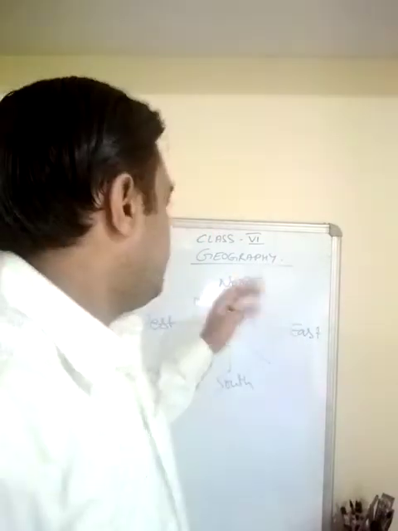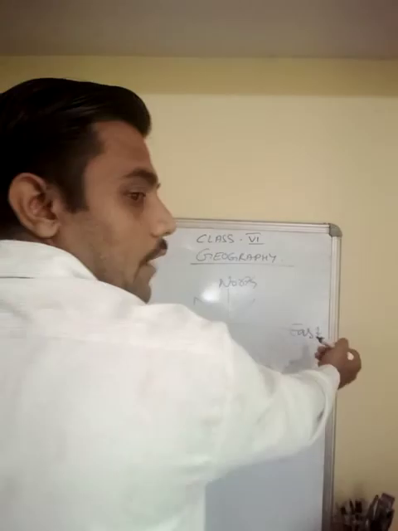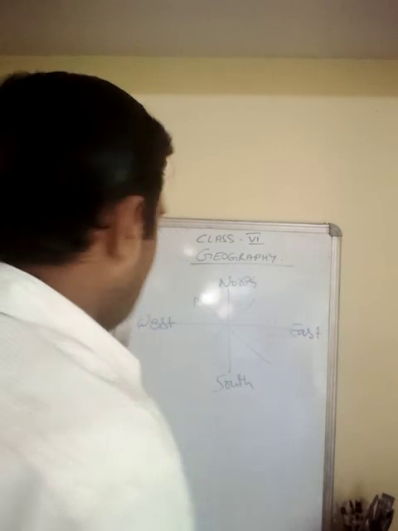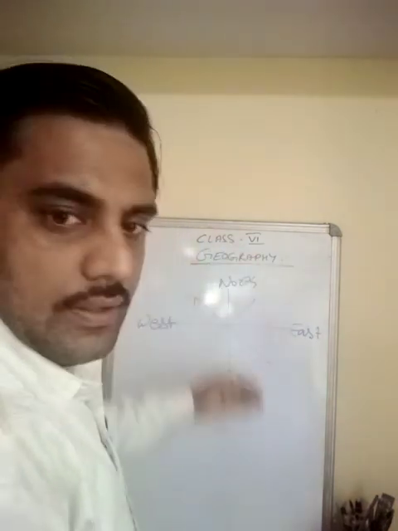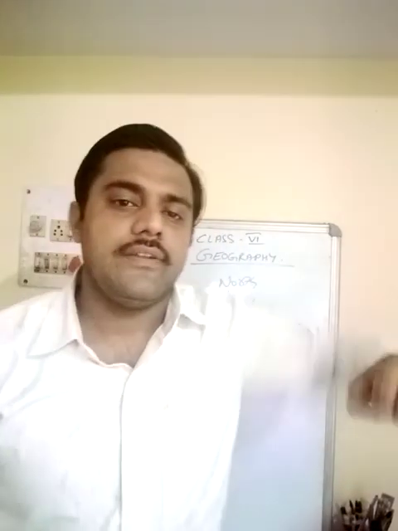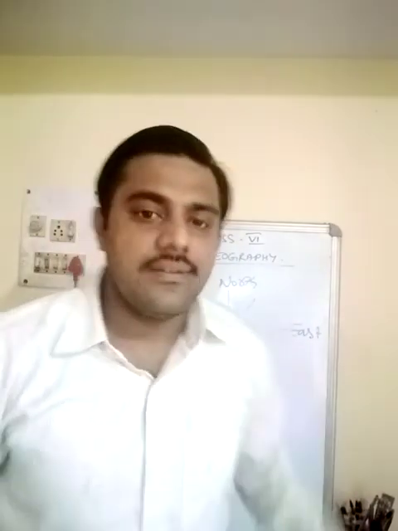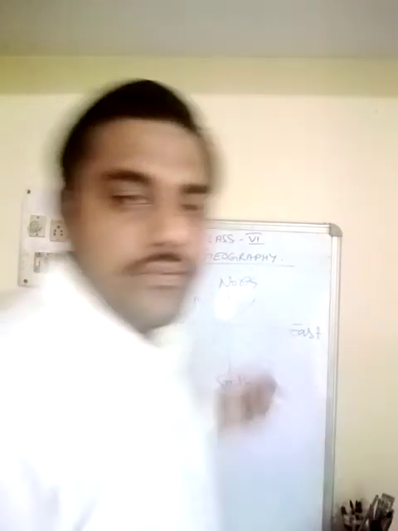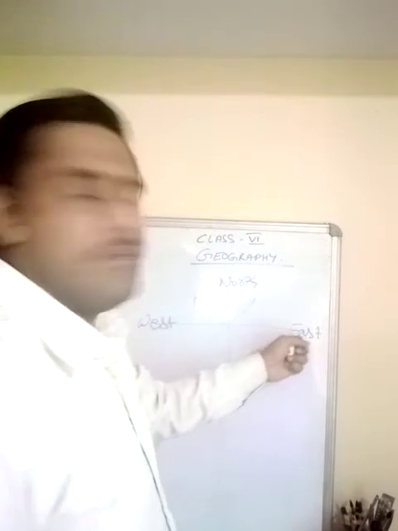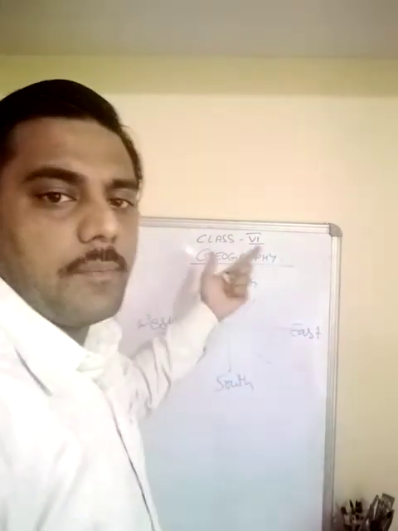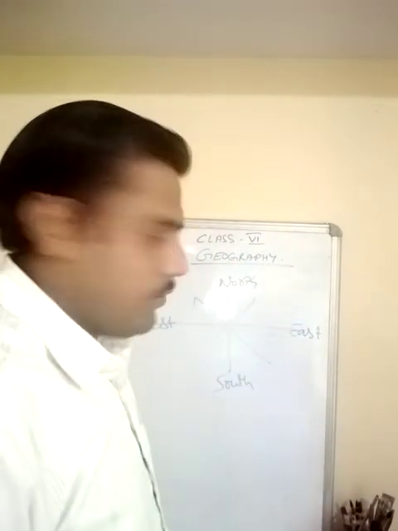If you look at the board from my side, what's on our right is east, what's on our left is west, then north, then south. But if you are facing the camera, then you are going to find that your left side is east, right side is west. Don't be confused. Simply think about it like from where the sun rises. It becomes east, next side west, upper side north, lower side south.